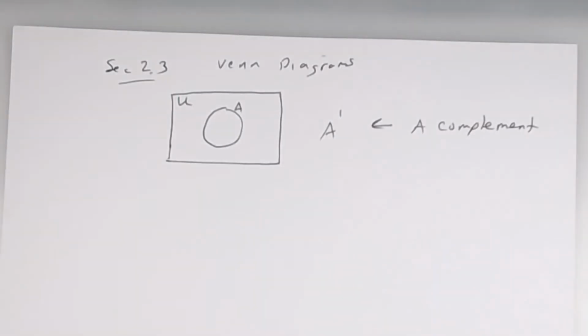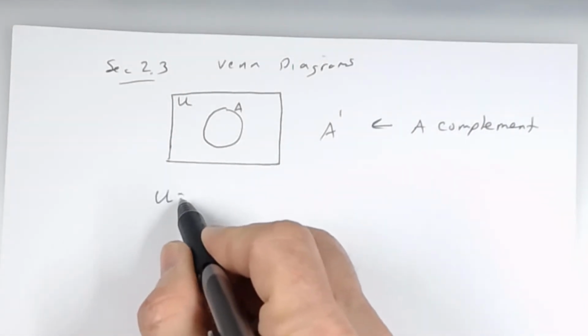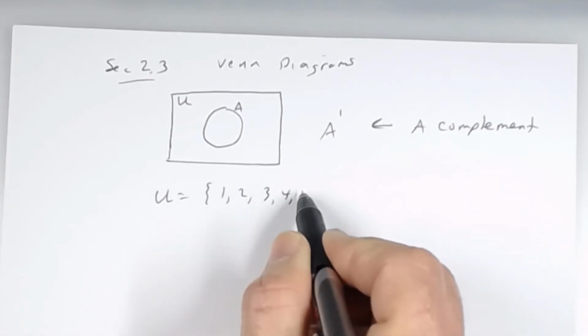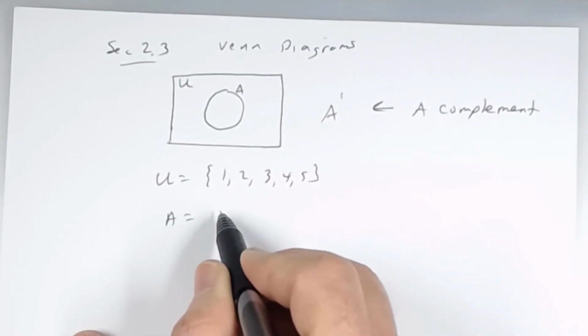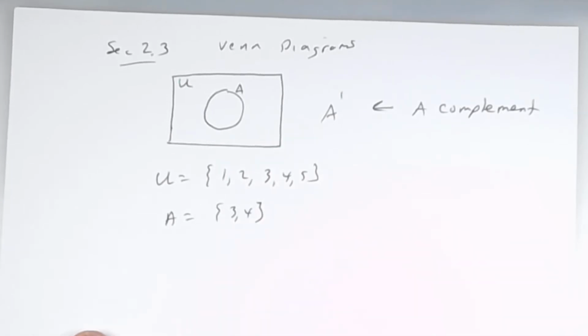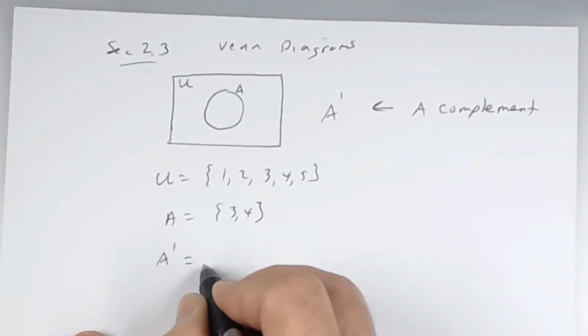Okay? So if my universal set is these numbers and A is this, then A complement equals what?